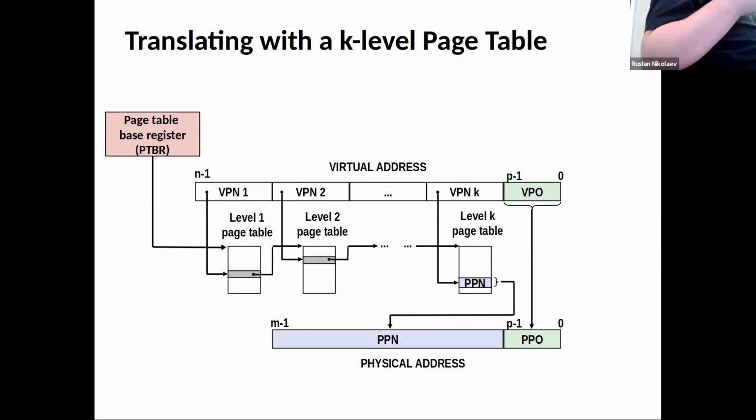If we have two levels, the VPN 2, that's going to be closer to the virtual page offset. Let's say 10 bits. We have 2 to the power 20 in a 32-bit processor. 10 bits we will dedicate to level 2, and another 10 bits we will dedicate to level 1. So this is how we can determine which index in each level you have to go to.